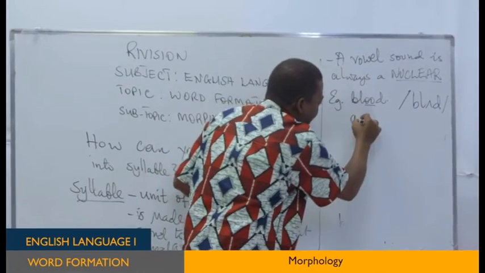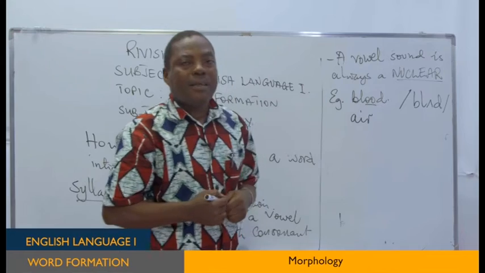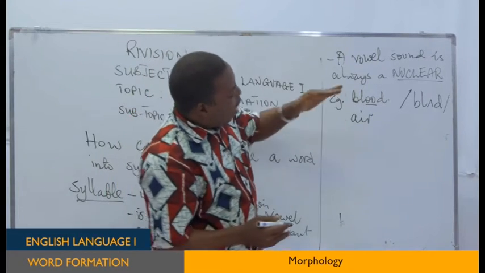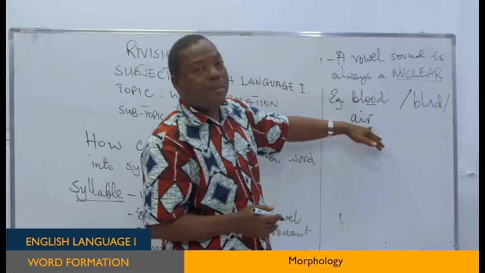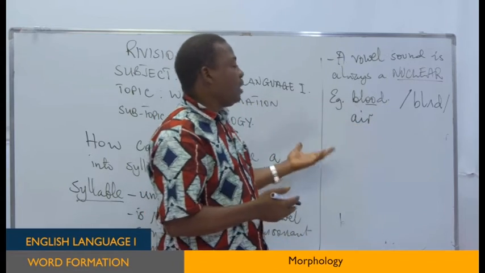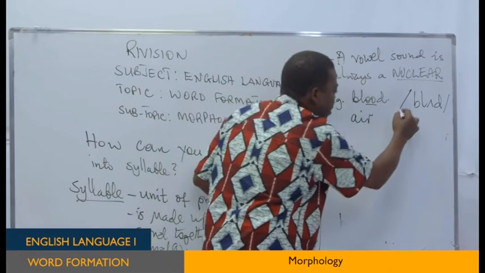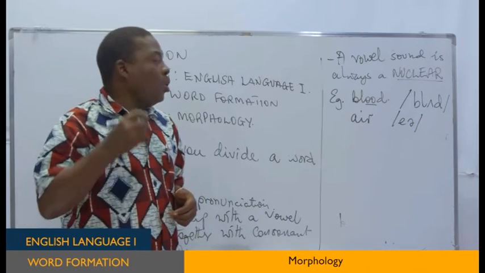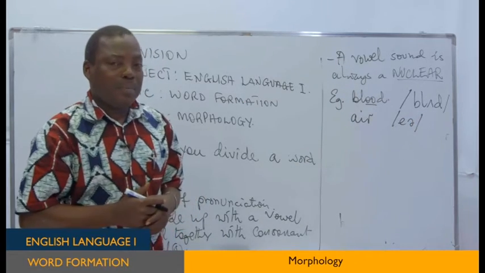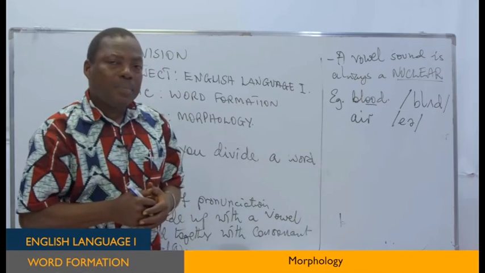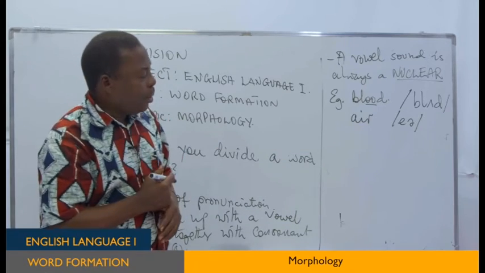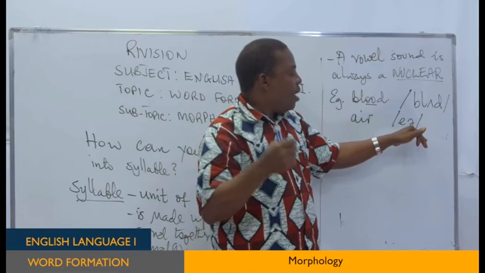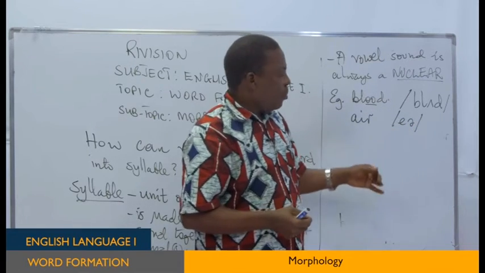When you talk about a word like this, air, if someone asks you how many syllables this word has, you'll again say it has only one syllable because it is made up of only one vowel sound. The question there could be, how can you tell us that this word has one vowel sound while there are two?